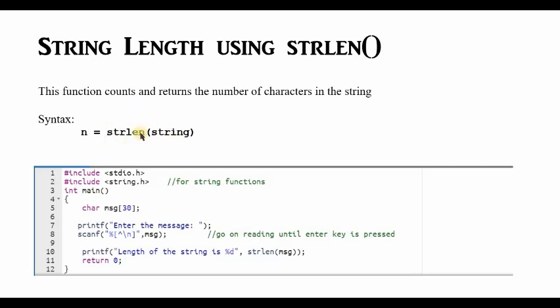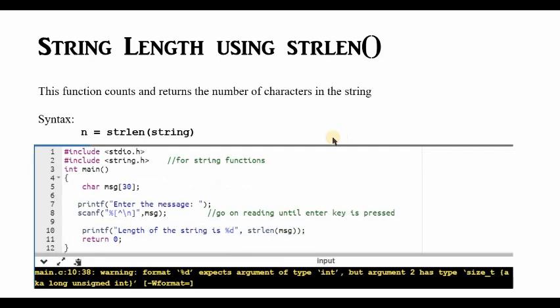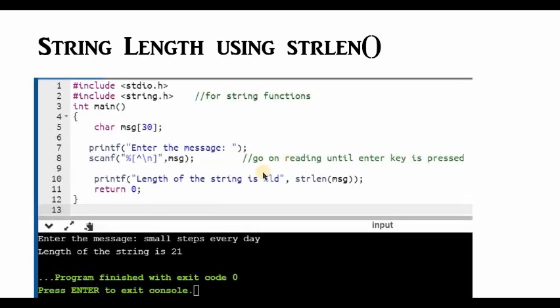This function returns a number. So I print length of the string is %d, strlen of message. Now when I execute this program, it gives me a warning. It says that strlen returns a long unsigned int, but we are trying to access it using %d. So to resolve this error, I'll give %ld, long integer, instead of simple plain integer.